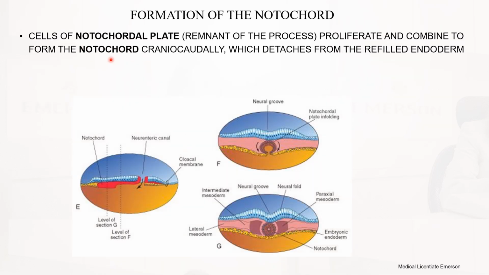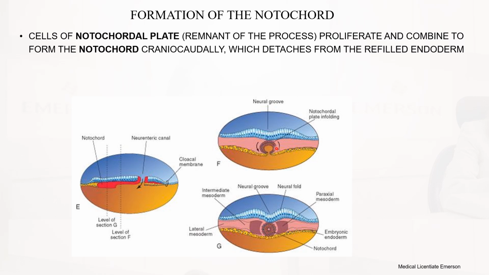Then let's go to the continuation of the formation of the notochord. The cells of the notochordal plate, which are the remnant of the process, proliferate and combine to form the notochord craniocaudally, which detaches from the endoderm. So the cells from the notochordal plate, which were the remnant of the process, combine and form the notochord, which detaches from it.